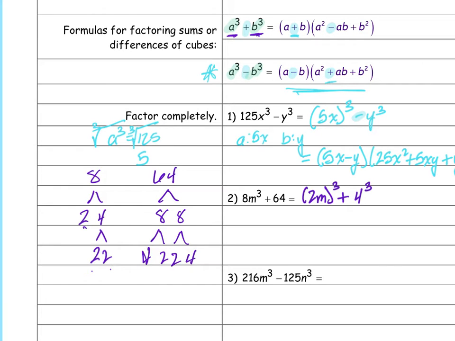But I remember I need 3 of the same number, so I know that these 2 times 2 is 4. So I've got 1, 2, 3, 4. So that's 4 cubed. So I just want to remember that I want to get it down to 3 of the same number that I'm multiplying together. If you want to think about factoring it that way and doing a factor tree, if you can't think about it.